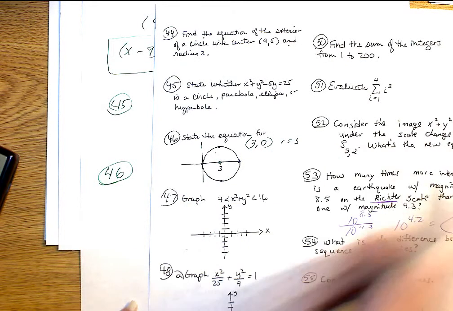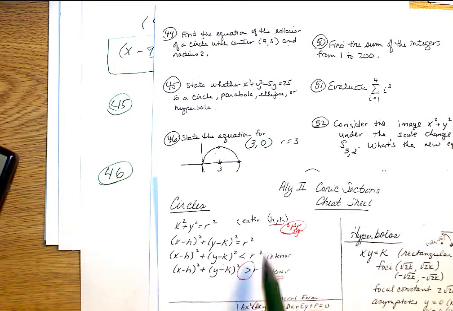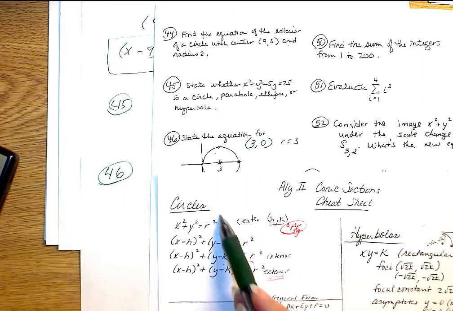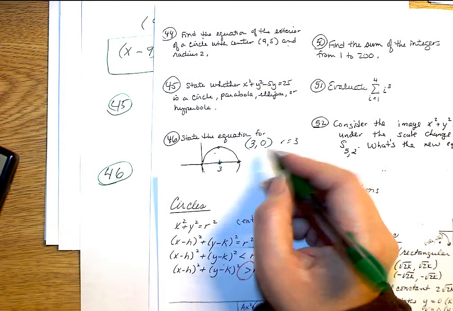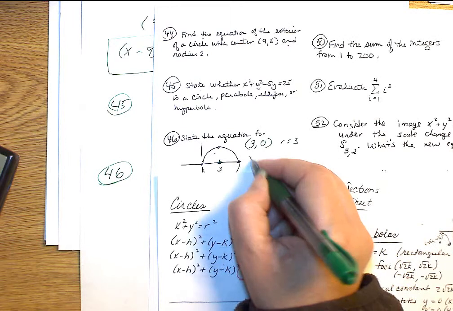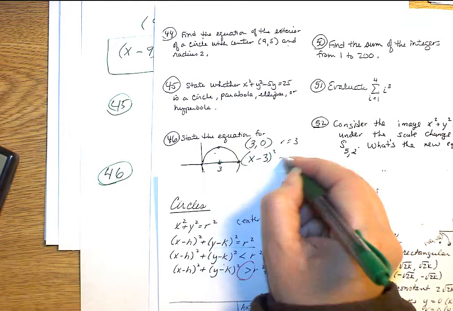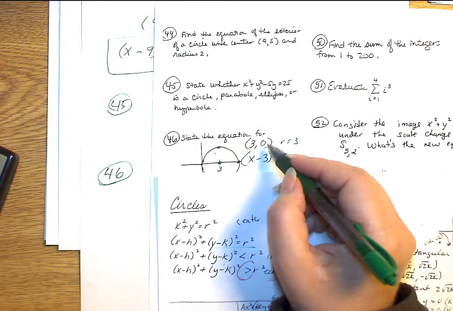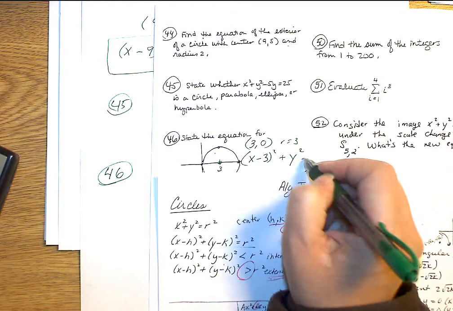So since we know it's a circle, and we know the center, we would go to this formula right here, a circle with a center right there. So we remember opposite signs, so I have x minus 3 squared plus y minus 0 is just y, so y squared is equal to 3 squared, which is 9.